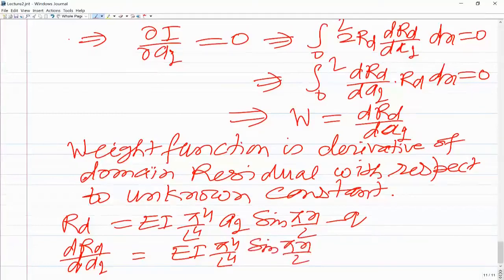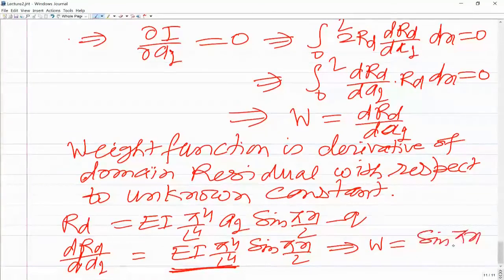This is just a constant, so in this case W is simply sine pi x by L, because this is a scaling factor in the whole equation, so we can divide by it. So W is equal to sine pi x by L.